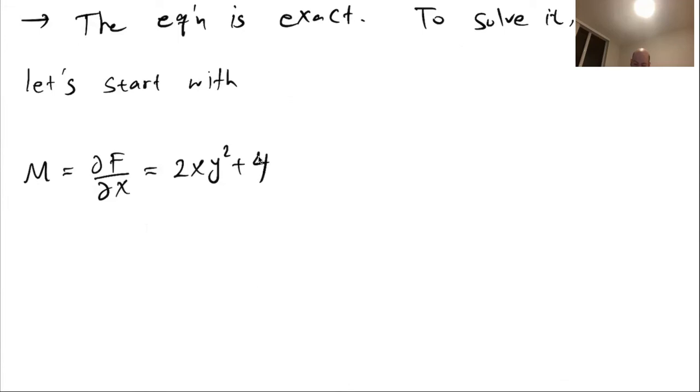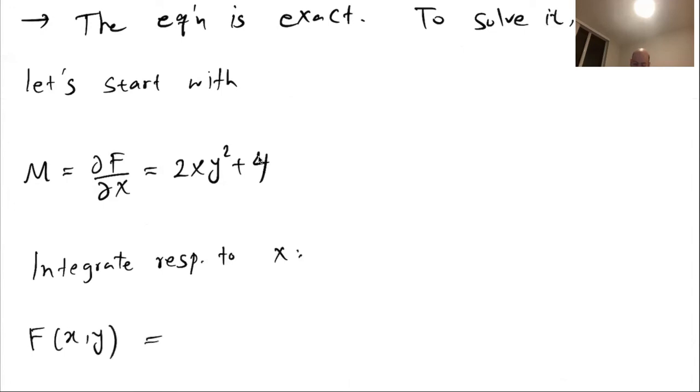So if we integrate with respect to x, then we can say that capital F of x and y is equal to, now the antiderivative of 2xy squared with respect to x will be x squared y squared plus 4x plus c of y.